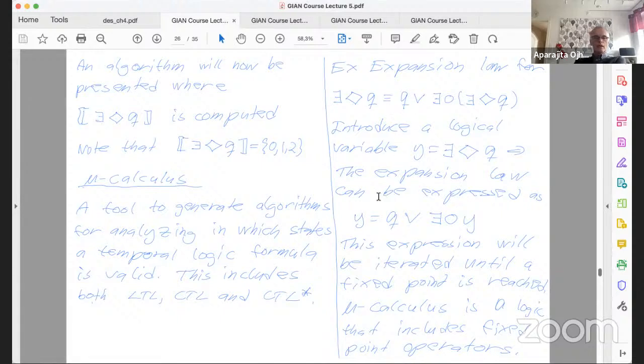How to then understand this Mu calculus? Well, first I would say that Mu calculus is perfect for basic CTL.